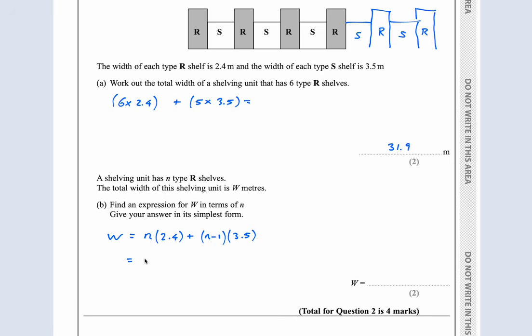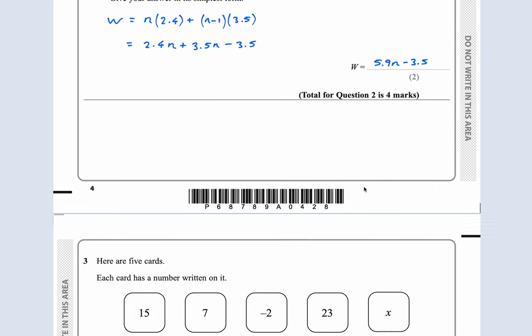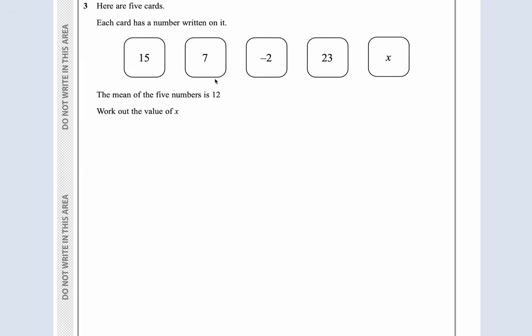This gives me 2.4n plus 3.5n minus 3.5, which is 5.9n minus 3.5. So it's 5.9n minus 3.5.